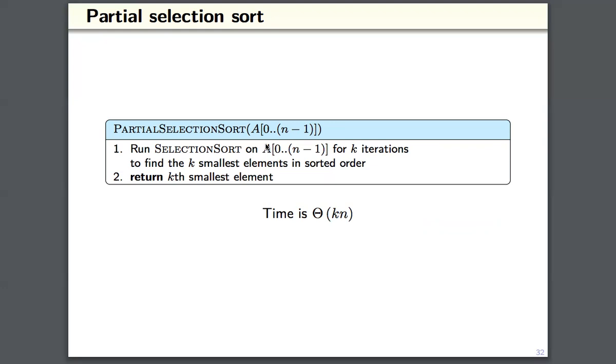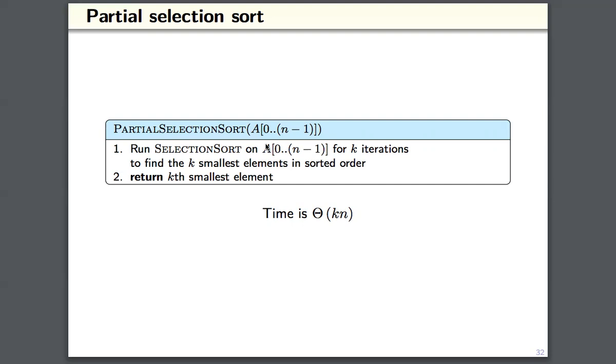You are using selection sort, but you're not running n-1 iterations. You're running it for k iterations only, and you will find the k smallest elements. In what complexity? Each iteration takes one scan of the array, that's n time. There are k iterations, k times n, kn. As a byproduct, you're also sorting the top k elements here. Make sense? So that's your partial selection sort.